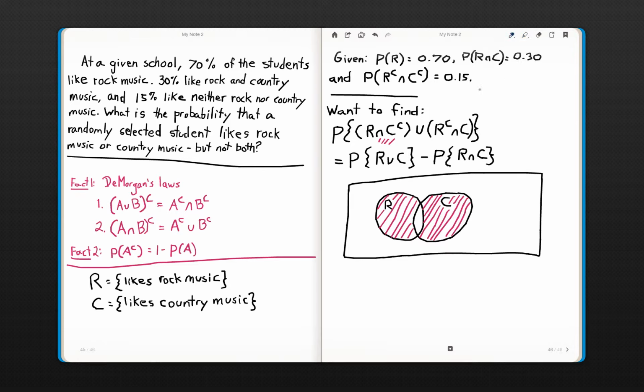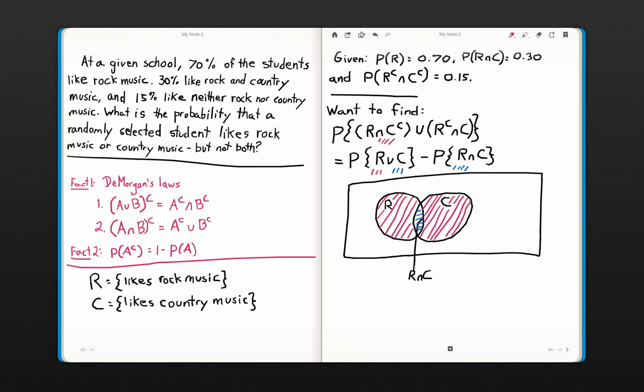This in the middle here is the intersection of R and C. So this piece here denotes R intersect C. So we really don't want that piece in our calculation. And as you see here, we're going to end up subtracting that out. So that piece is in blue, and I'll just informally denote that way. So what we're left with is R union C. So R union C is everything that's blue and red.